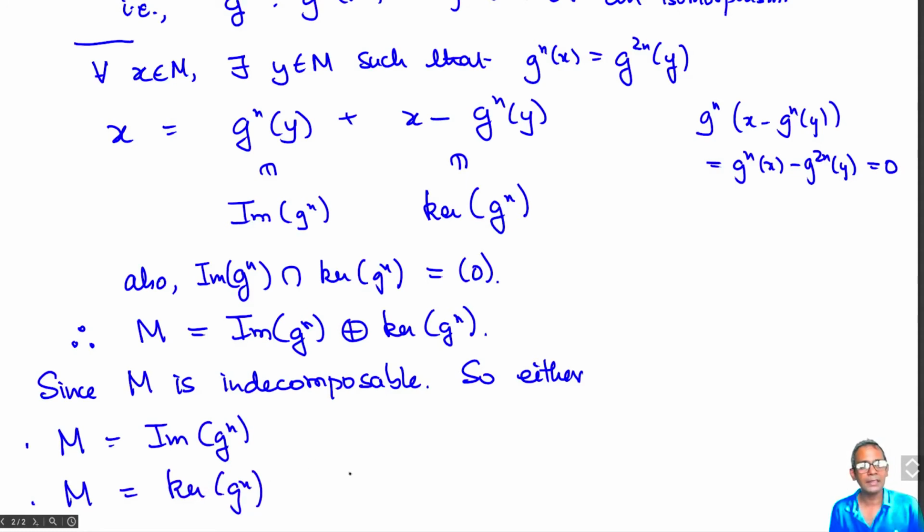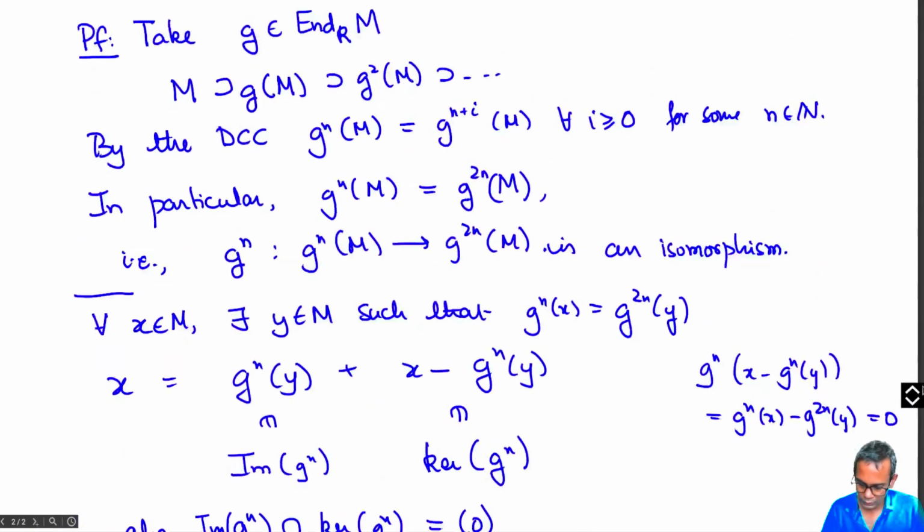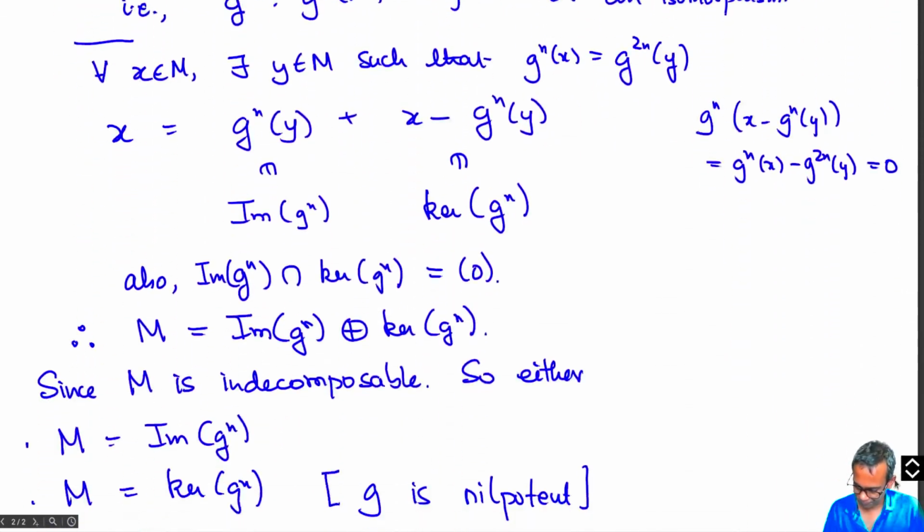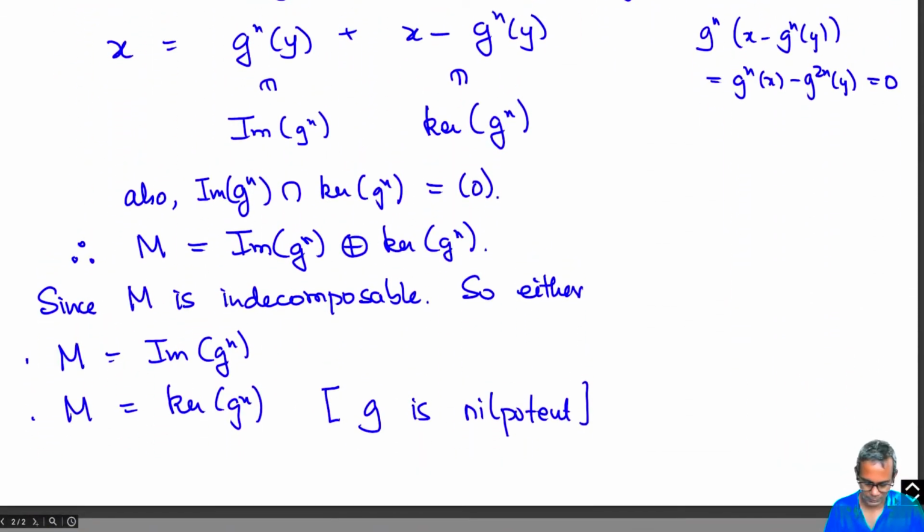Now M is the kernel of g^n means that g is nilpotent. And that was one of the options in Fitting's lemma, in Fitting's dichotomy, so to speak.